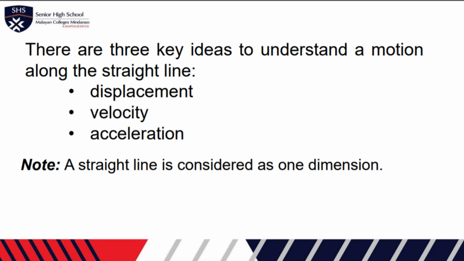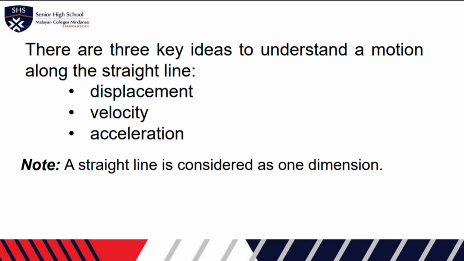Moving on to the three key ideas to understand a motion along the straight line. Mind you that we are just talking this time about motion along a straight line. We may consider these three, which are the displacement, velocity, and acceleration.